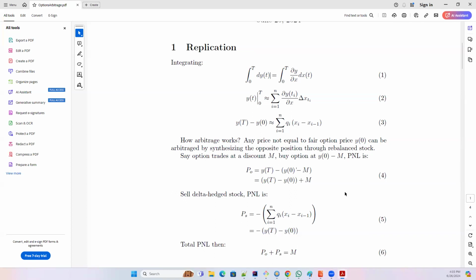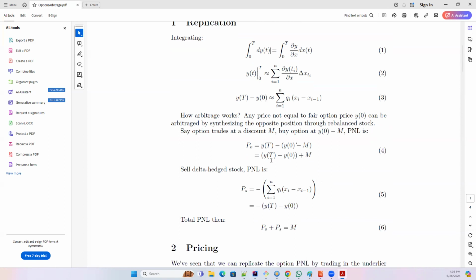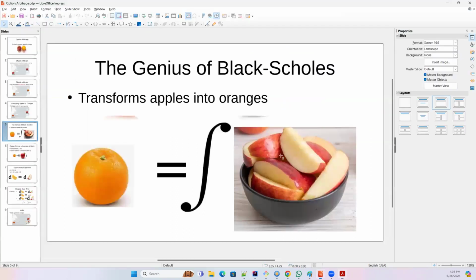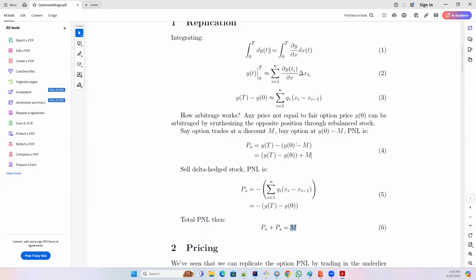If we add these two P&Ls, the option prices cancel each other, and we are left with the margin. So always, the P&L of the option trade plus the P&L of the delta hedged stock, so of the replicated option using stock, is the margin, which means that option prices that don't trade at exactly the fair price Y0 can be arbitraged, and you are left with this margin.